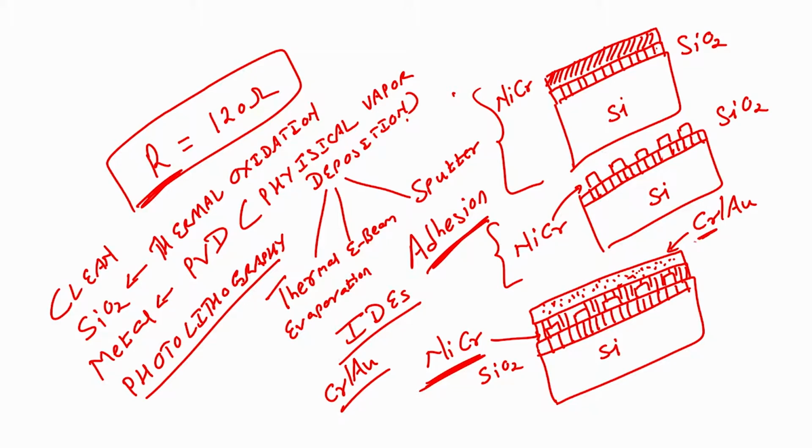So, when we deposit chrome gold on the heater, we have to make sure that there is a silicon dioxide or an insulating layer between the heater and the interdigitated electrodes. After depositing chrome gold, I will perform photolithography, so that I will have my interdigitated electrodes.